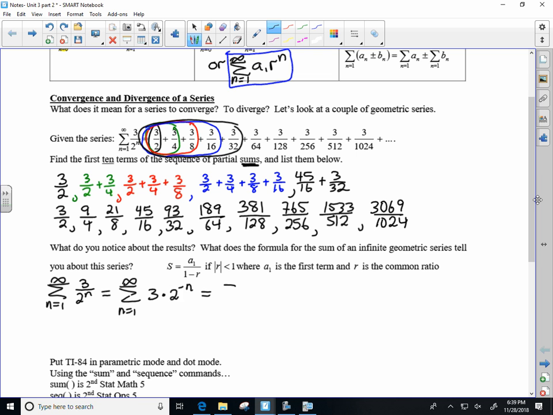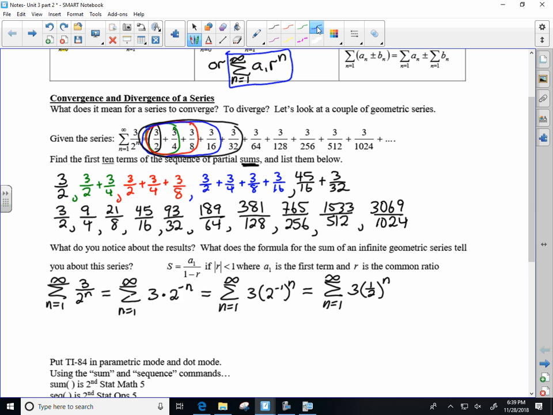So that would be the same as if I were to write it as 3 times 2 to the negative first to the n. Which would be the same as saying 3 times 1/2 to the n. That actually follows the model.